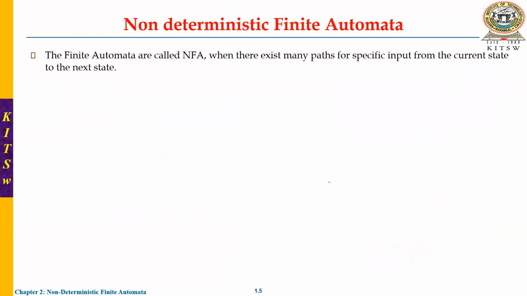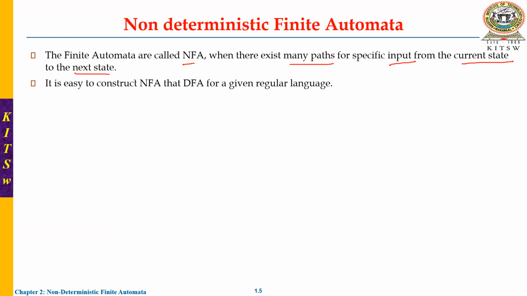The general explanation of NFA is that finite automata are called NFA when there exist many paths for a specific input from the current state to the next state. It is easy to construct an NFA rather than a DFA for a given regular language.